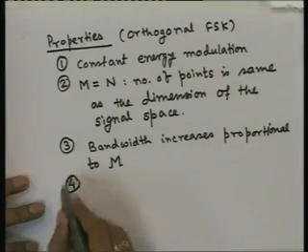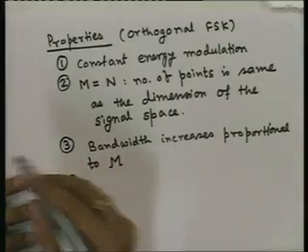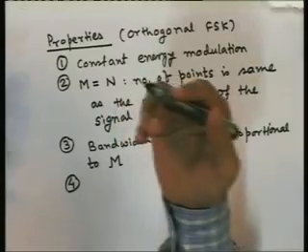This is something very different from all the other modulation schemes we have used before. Previously we have seen PAM, QAM, then PSK. For all these modulation techniques, if you wanted to increase the number of points, we didn't increase the bandwidth.